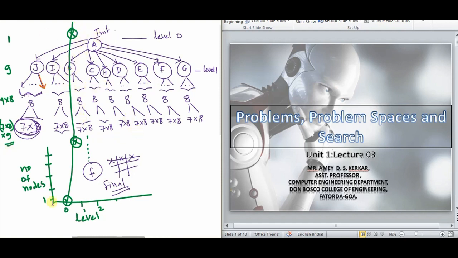This results in a graph where each node is a state and each edge is a rule that is applied. For example, this arrow refers to the rule applied so that from the initial state A you move to the current state J. So this is the rule.